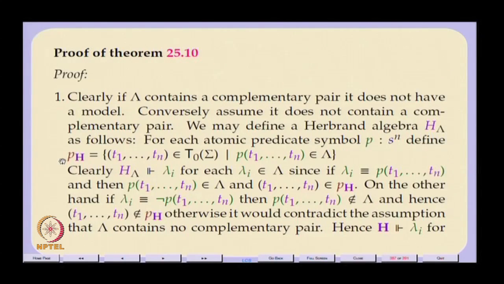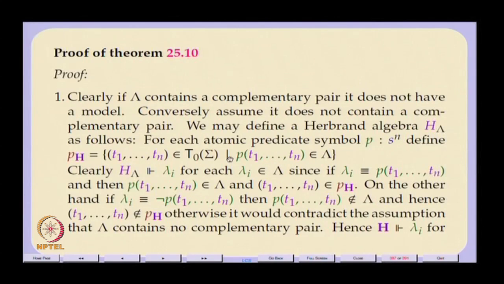So, the relation PH for each atomic predicate symbol P contains the tuple T1 to Tn only if P T1 to Tn is a ground literal in lambda. That is it.